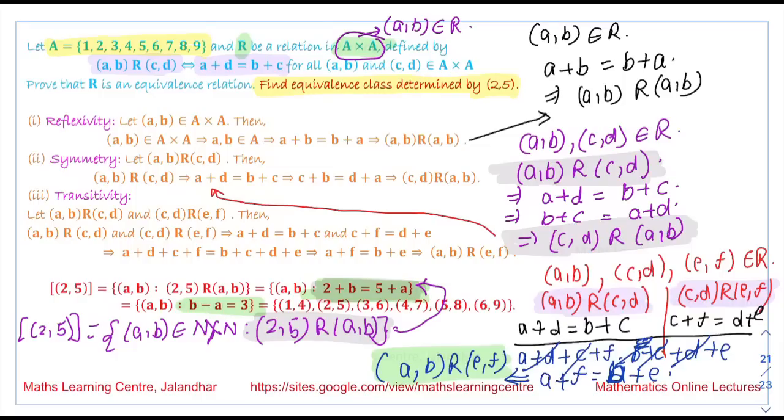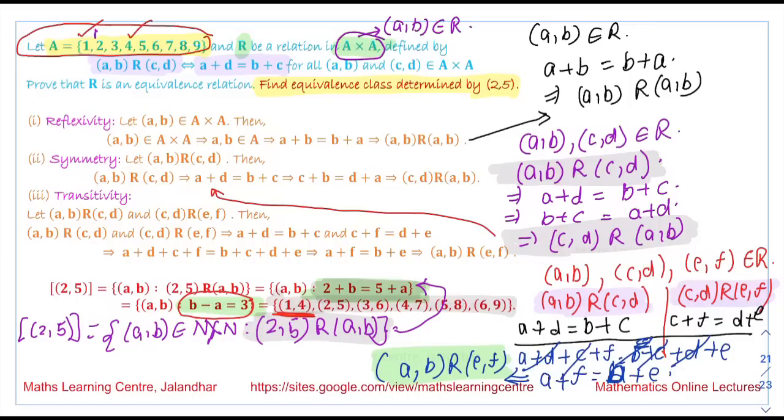And if we list all these elements, this is the collection we obtain. We have to find all those numbers B and A such that B minus A is equal to 3. So if we put A equal to 1, what is the number for which B minus A is 3? It is the number 4. So the first element we obtained is 1 comma 4.